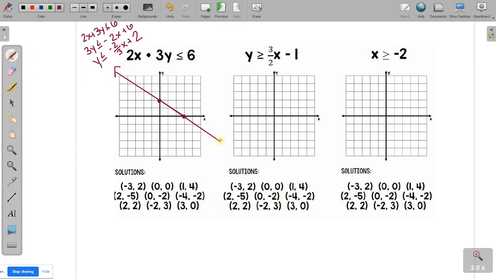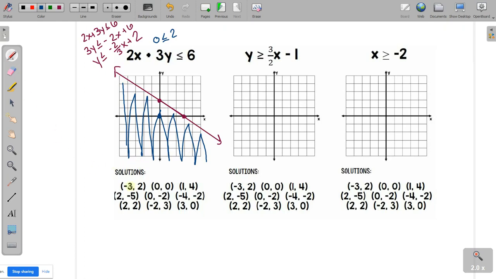Now we need to test a point. We're going to do (0, 0). This is not on the line, so it's going to be the easiest one to do. So, is 0 less than or equal to 2? That is a true statement, so we're going to shade below the line.